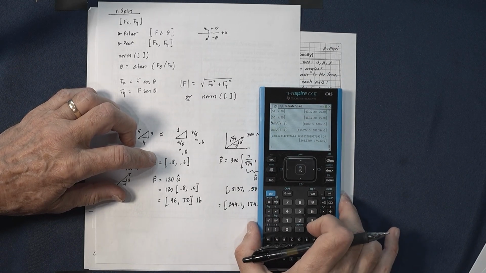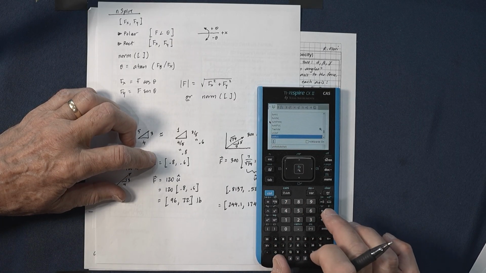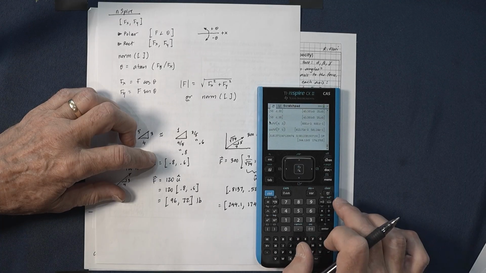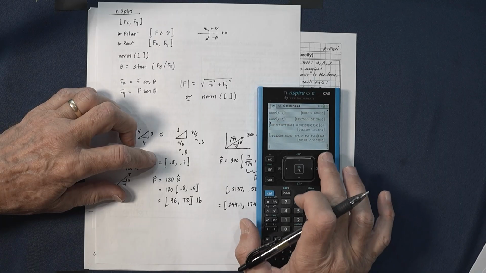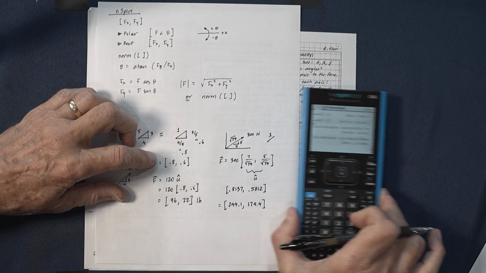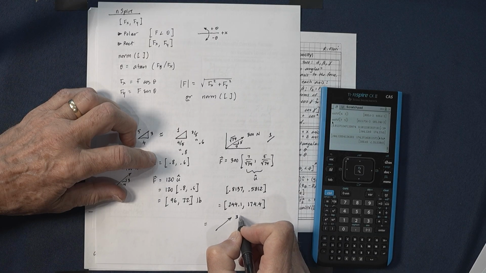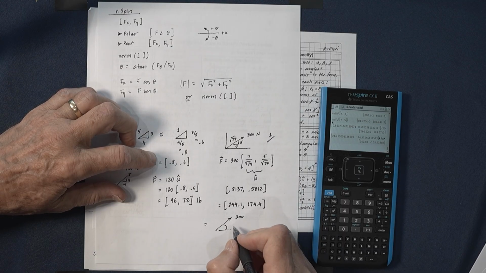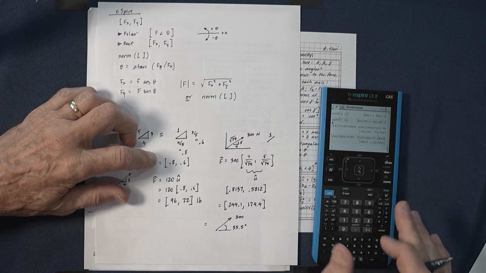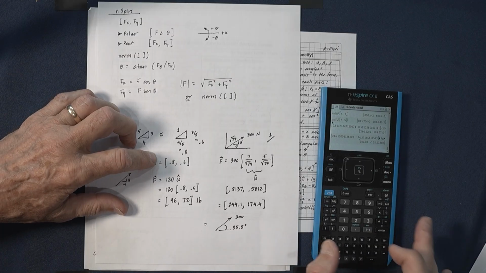And again, if you want to see that in polar form, we'll just go function, P, so polar, enter, enter. And that's 300 at 35.54 degrees. So that's equal to 300 at 35.5 degrees, and that's polar form. So the 5/7 slope gives me the 35.5 degrees.